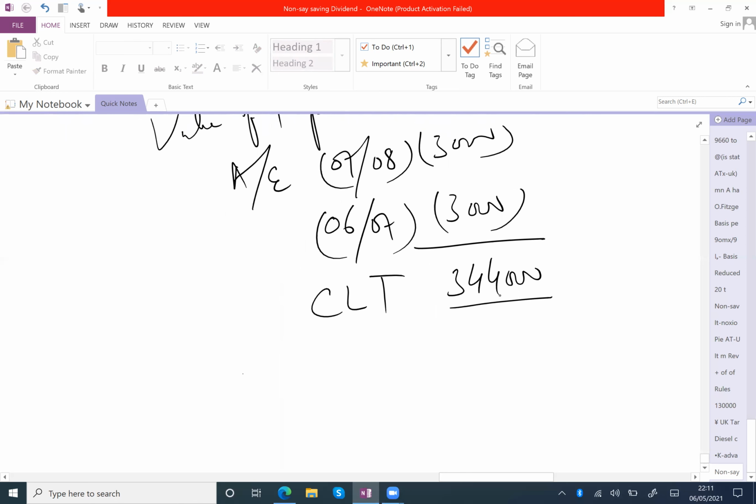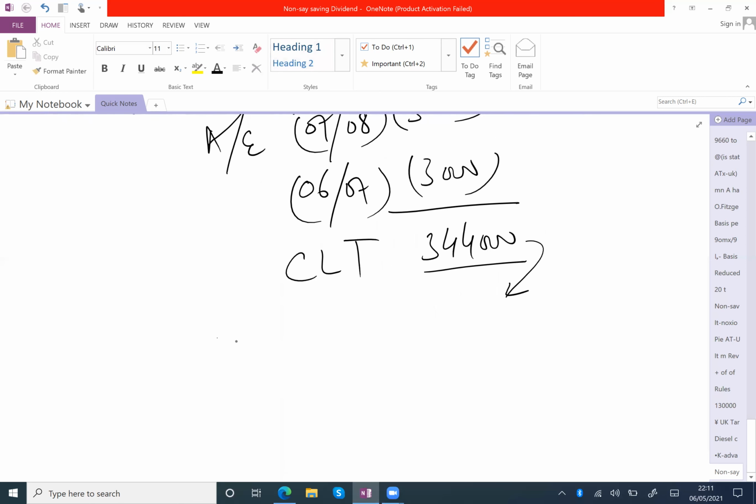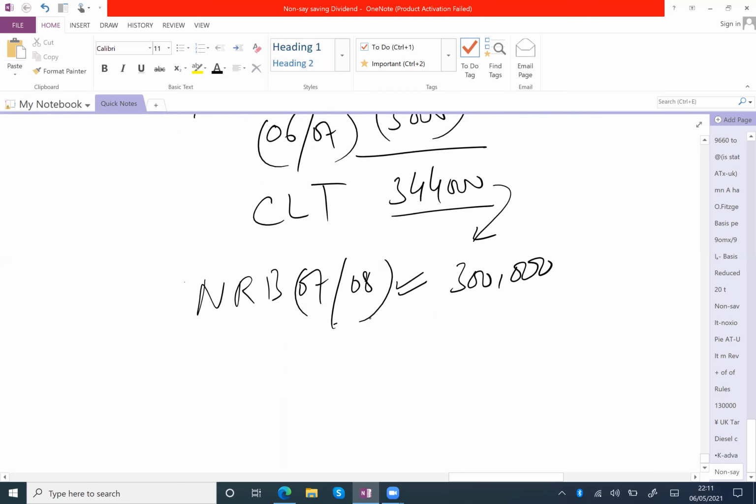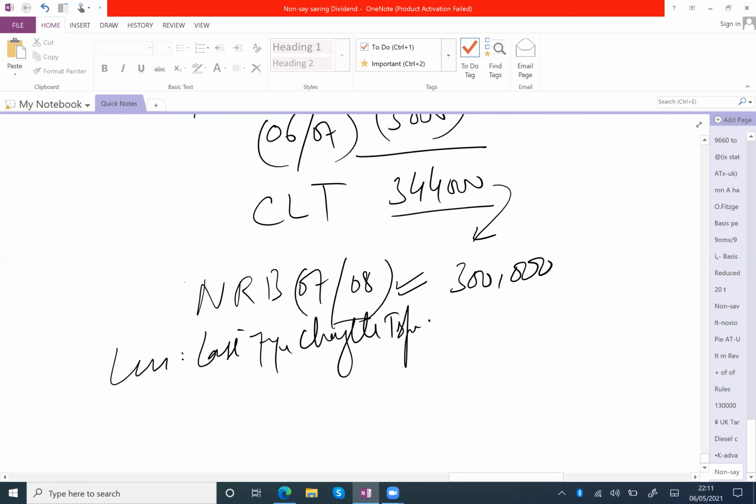Now lifetime tax is paid on the CLT. So firstly check the NRB for 07/08, the gift year. You will see it from the IHT nil rate band table, which will be given in the exam. 300,000 nil rate band is available for this tax year, less the last 7 years' chargeable transfers. Always from the gift date go back 7 years. When you go back 7 years from 07/08, the PET is there, and a PET is not chargeable, it is exempt in lifetime, so nothing.